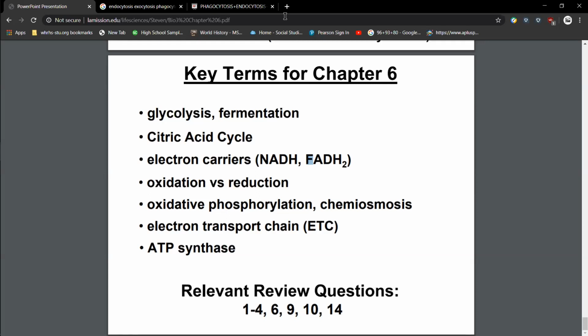Okay, so yeah, glycolysis breaks down glucose, 2 pyruvate, 2 ATP, 2 NADH. That's a good answer. And then if anyone wants to give me a sentence on what fermentation is, I'll gladly take it.